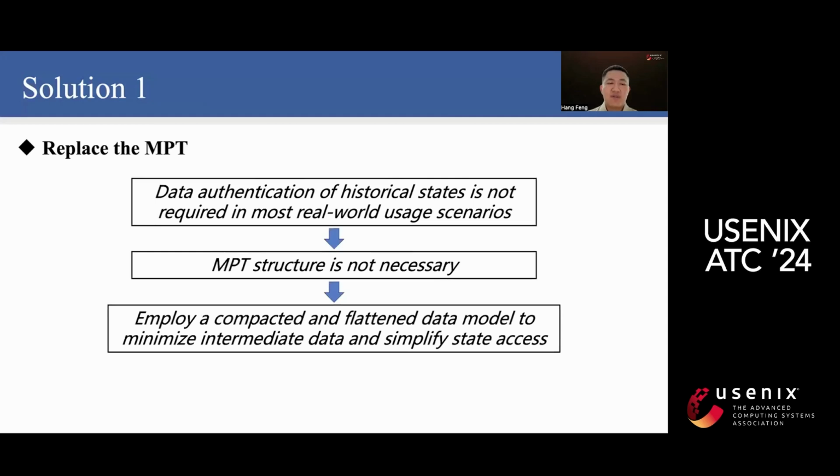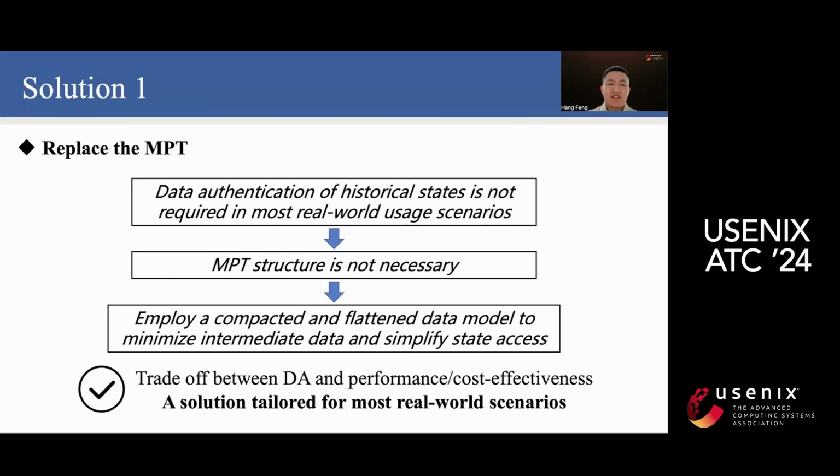Thus, we could employ a compacted and flattened data model to minimize intermediate data and simplify data access. This is our first solution, a trade-off between data authentication and performance and cost effectiveness, a solution tailored for most real-world scenarios.